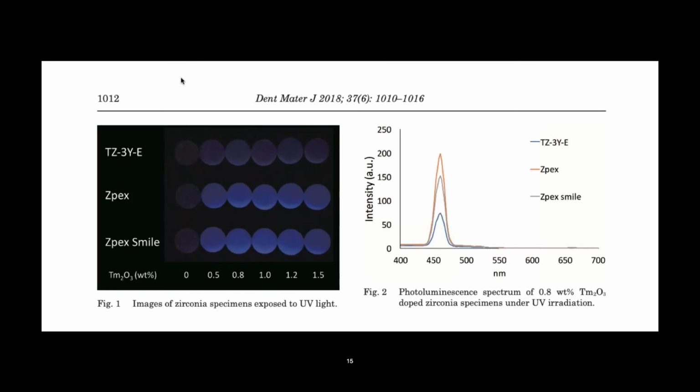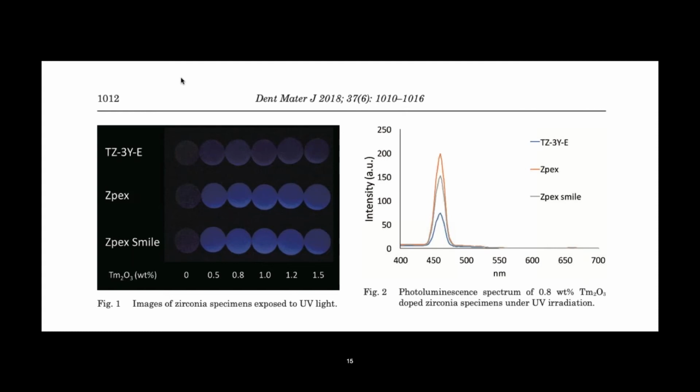So here you have this little chart, which comes from Tosoh. Tosoh is the company in Japan that makes a lot of the zirconia for dental, and they have ZPEX, and the ZPEX Smile, which is I would say the more translucent. ZPEX would be sort of like a 4Y zirconia that I'll explain in a bit, and the ZPEX Smile is a little bit more yttria, which causes it to be more translucent.